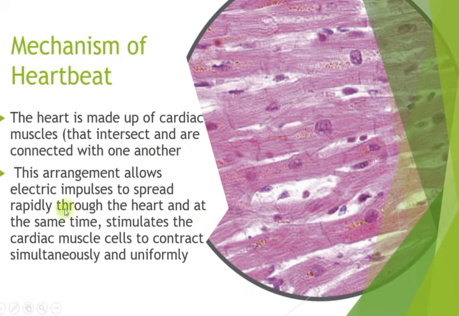So this arrangement allows the electrical impulse to spread rapidly through the heart and at the same time stimulates the cardiac muscle cells to contract simultaneously and uniformly. The arrangement of the cardiac muscle, which intersects and is connected with one another, is very important to make sure the electrical impulse can spread rapidly throughout the heart.